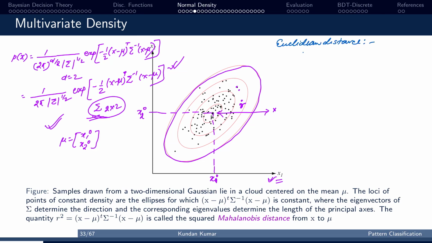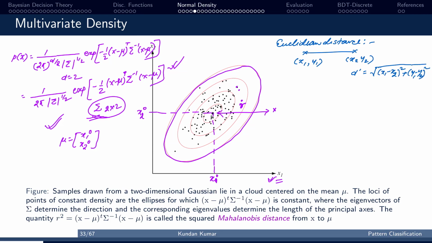So suppose we want to compute the distance between the 2 points where the coordinates are x1, y1, x2, y2. Then we will have the distance equal to square root of (x1 minus x2) square plus (y1 minus y2) square.